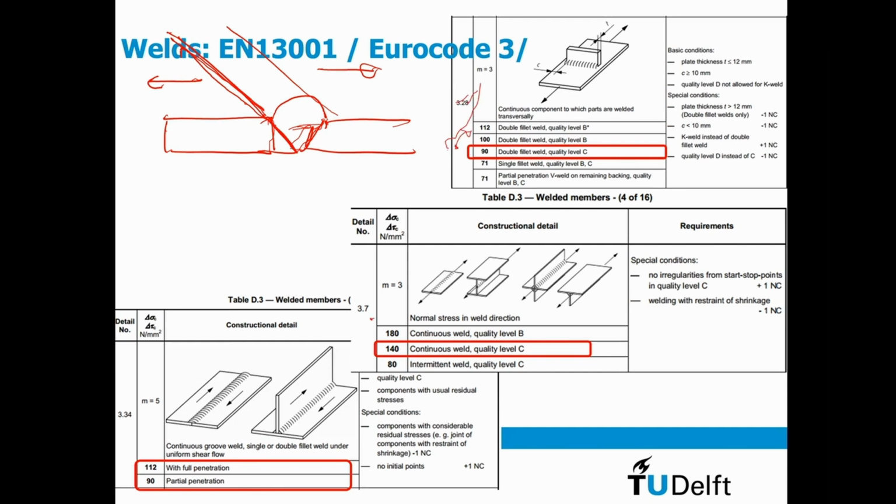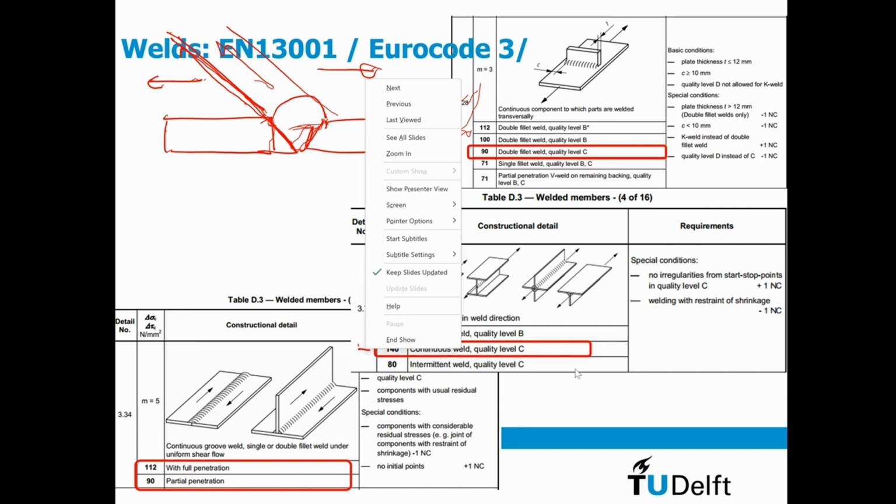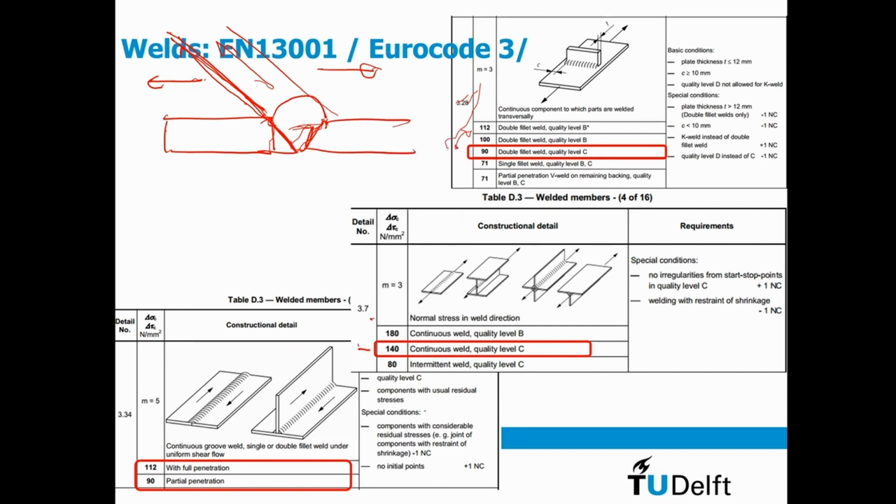So if the stress is along the weld, then basically the stress is going with the crack location, and basically the influence of that weld is fairly limited. You have a high number of a fatigue limit, so you have a high FAT class, even 180 if you have a continuous weld quality level B. That is the best quality you can get, except you have one here which is B star, so that is basically B plus polishing and full inspection.